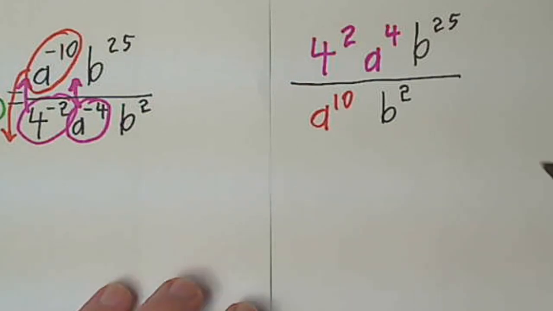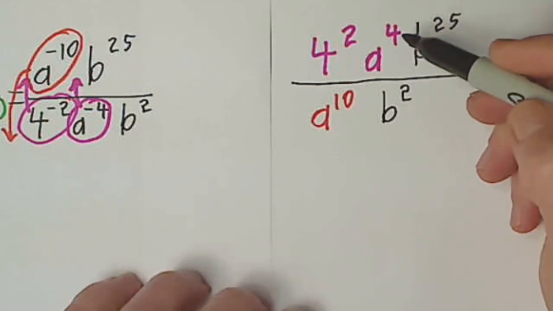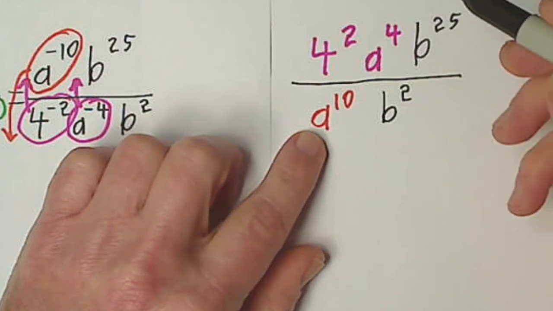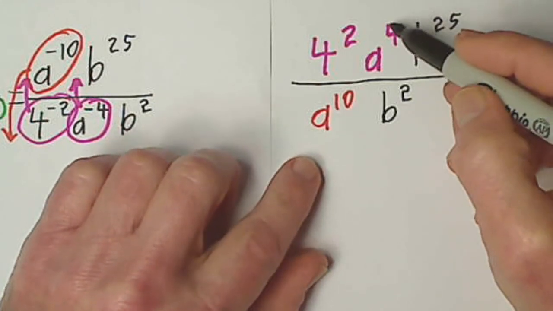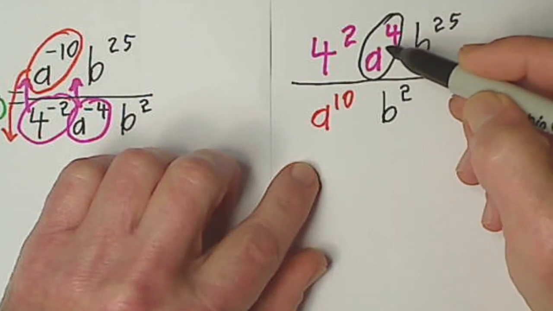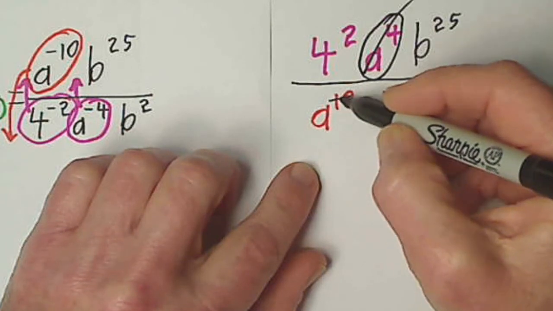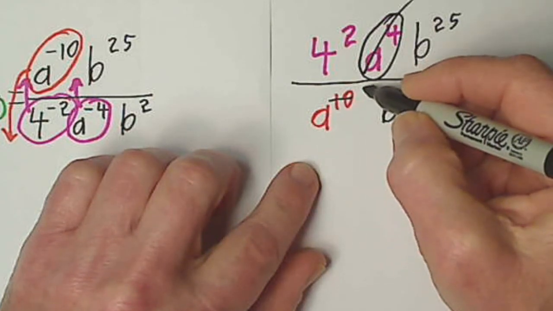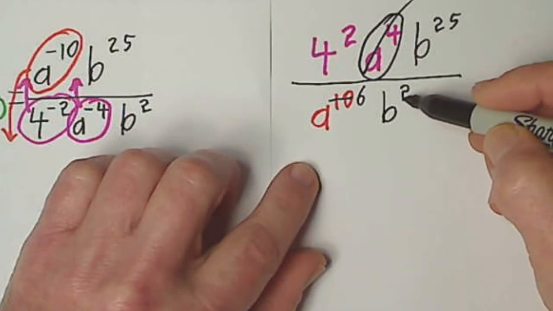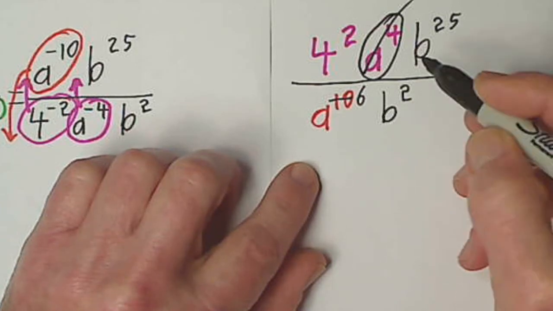So now, and I'm going to use a little bit more shorthand here. I have a to the 10 and a to the 4. What I like to just say is the smaller value is going to disappear. So a to the 4 is gone. I subtract 4 from 10 and I'm left with 6. I have b to the 2nd and b to the 25th. So the smaller one is going to go.